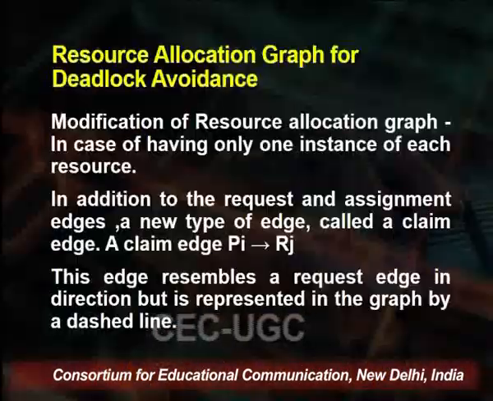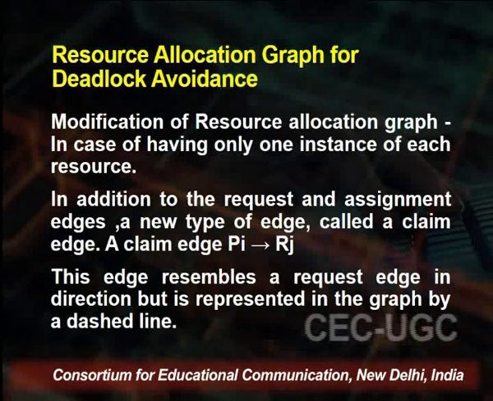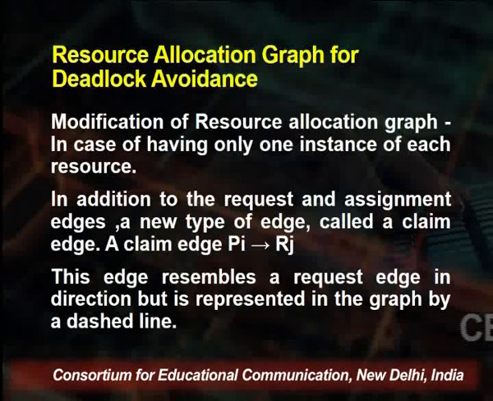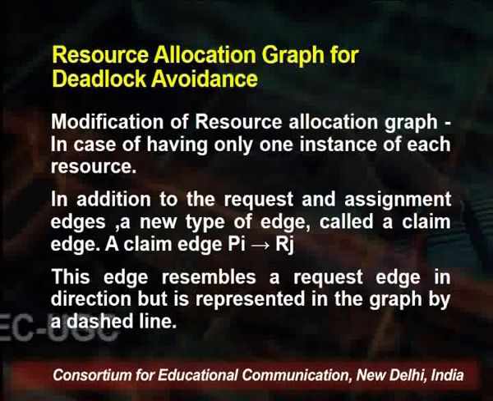A claim edge will go from a process to a resource. For example, a process Pi can go up to a resource, let us say Rj. So a claim edge is from Pi to Rj.